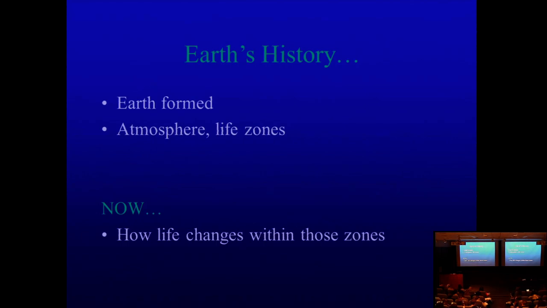And now, briefly, again, the real nuts and bolts of evolution and how life formed is the subject of another class. But what we know, based on the geologic rock record, is that Earth is 4.6 billion years old.